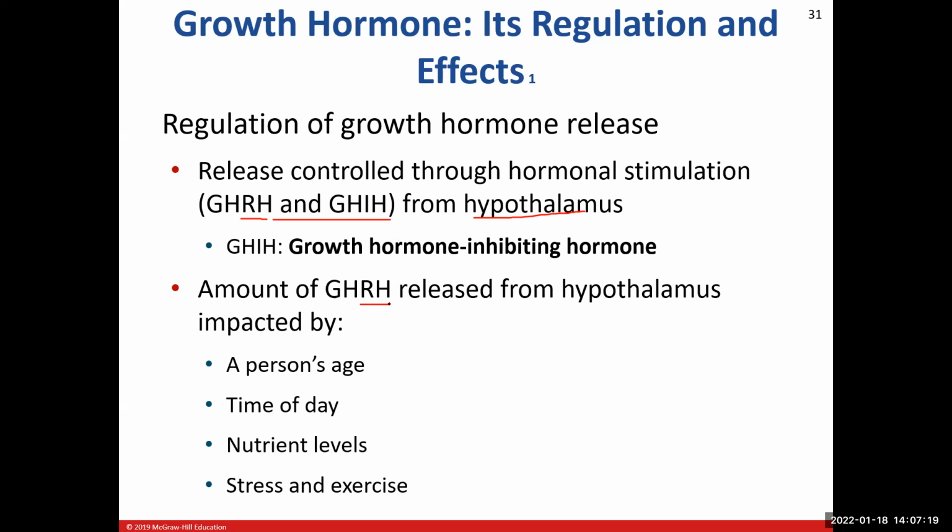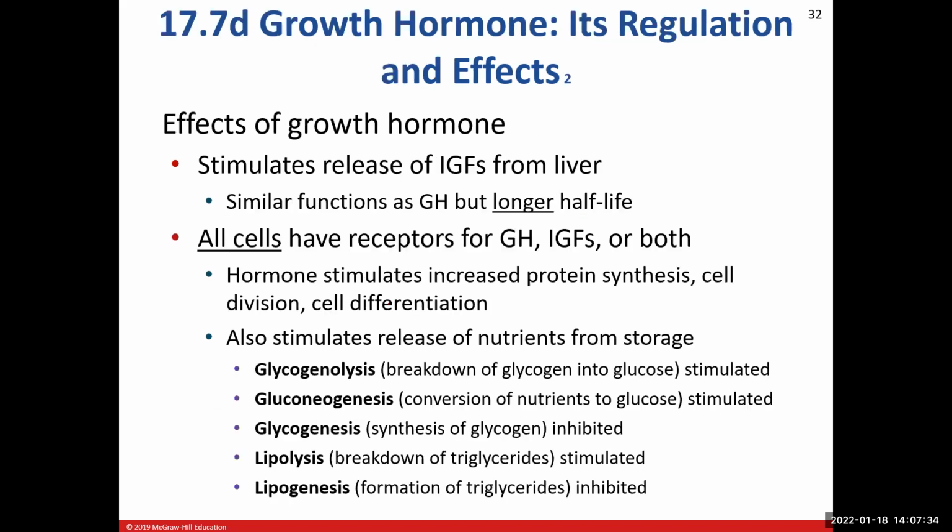So a person's age, younger people, are going to be more prone to releasing more growth hormone releasing hormone. The time of day plays a role. The nutrient levels within your body, obviously, and then of course, stress and exercise.